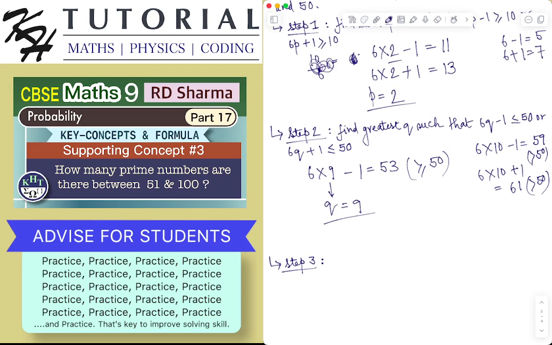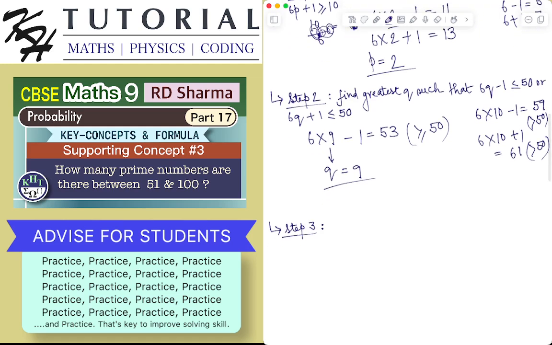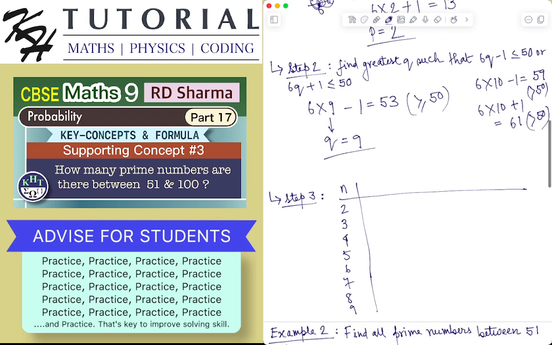Now what we will do is keep on checking, starting from P. You can consider making a table like this. N will vary from P to Q, that is 2, 3, 4, 5, 6, 7, 8 and 9, and then we will also find the value of 6n minus 1 and 6n plus 1.